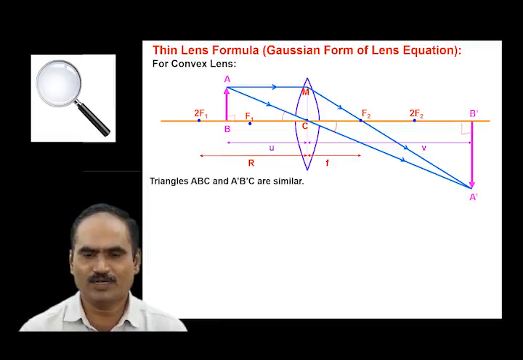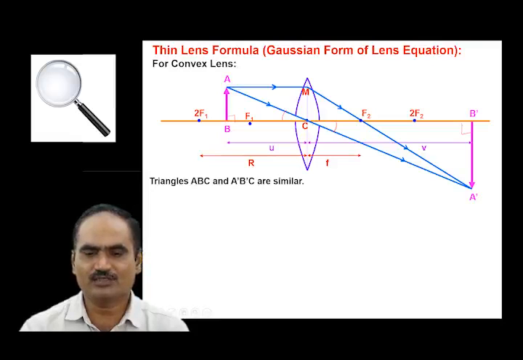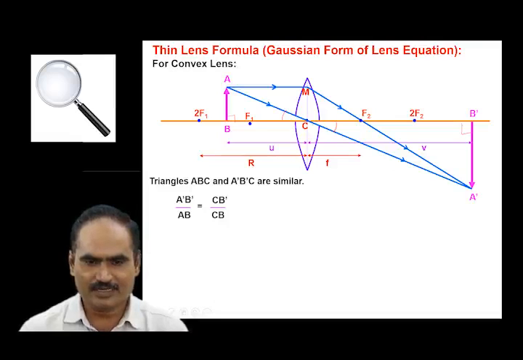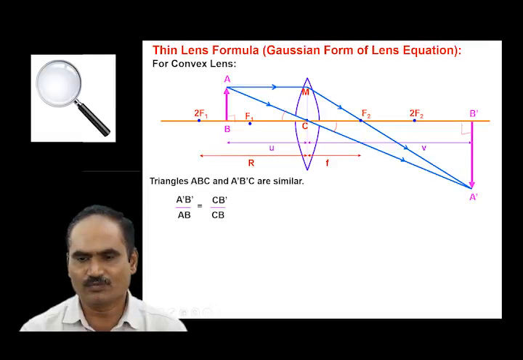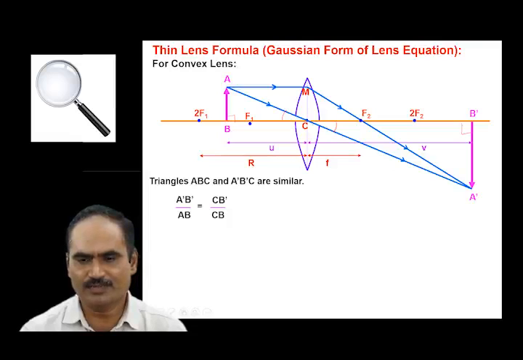Once these two are similar, we can say that the ratio of the corresponding sides of these two similar triangles are equal. So we can take it here: A dash B dash by AB is equal to B dash C by BC, or CB.